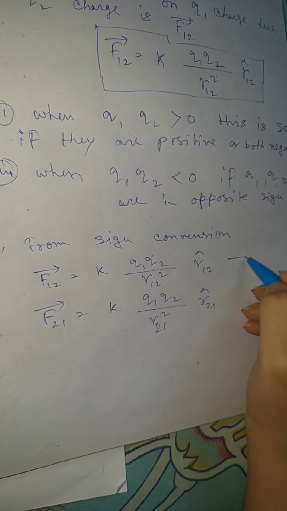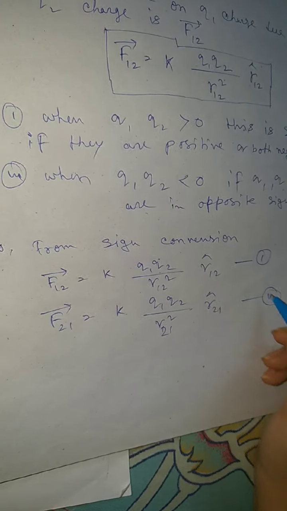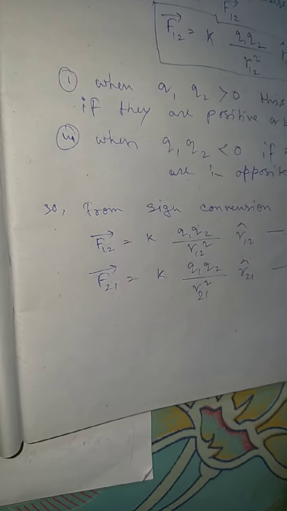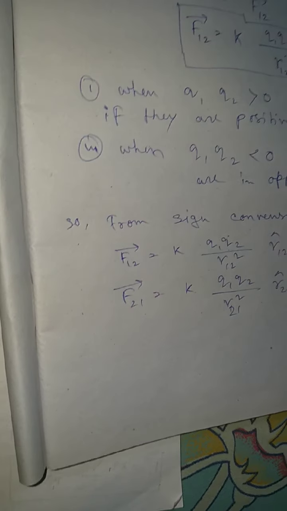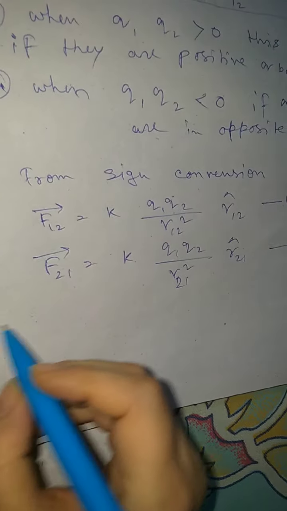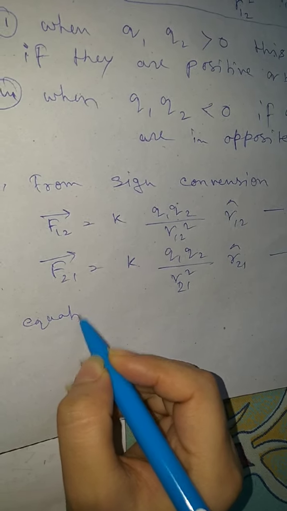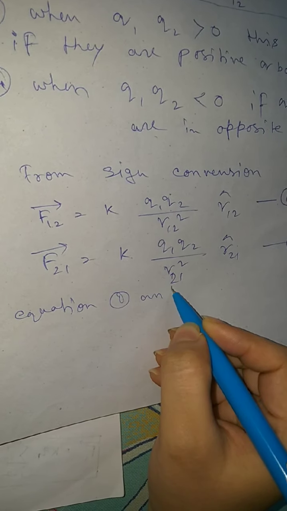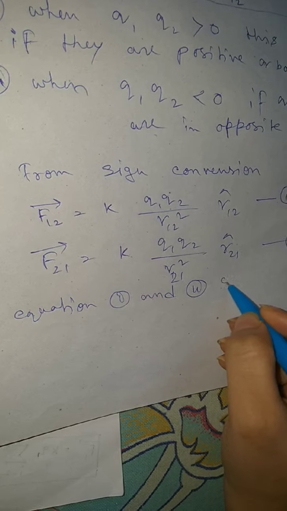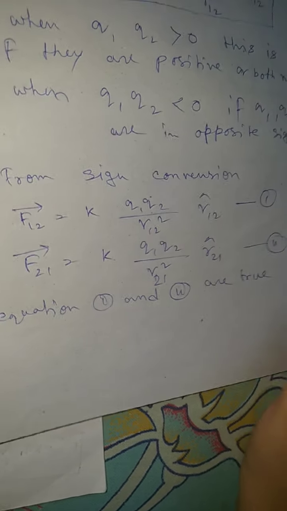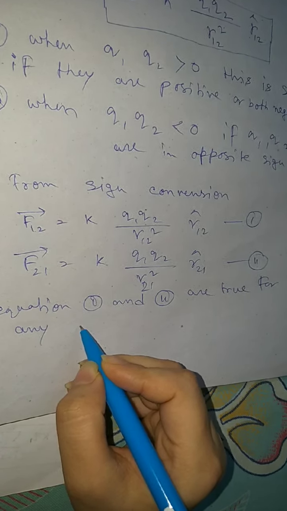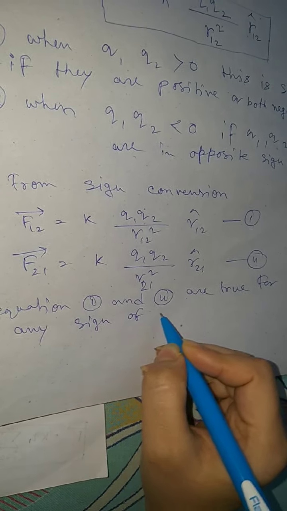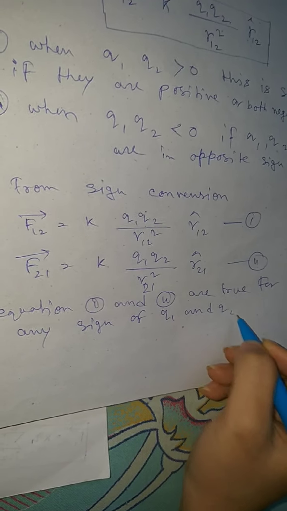This one is equation 1 and this is equation 2. So equations 1 and 2 are true for any sign of Q1 and Q2.